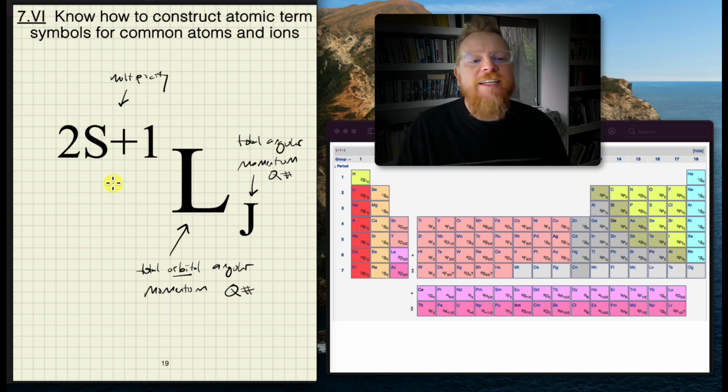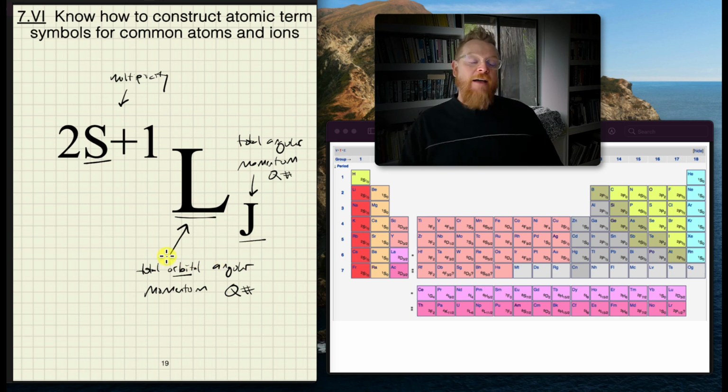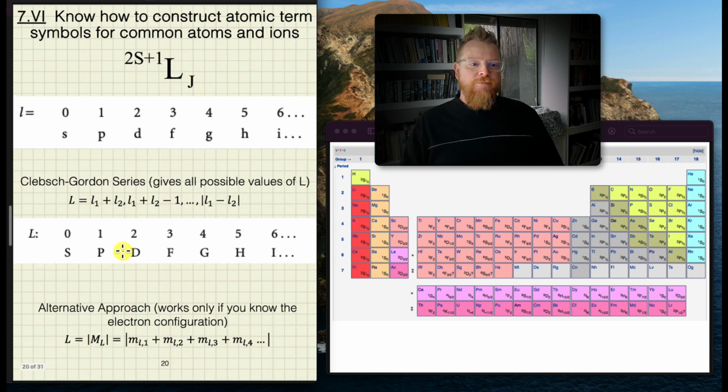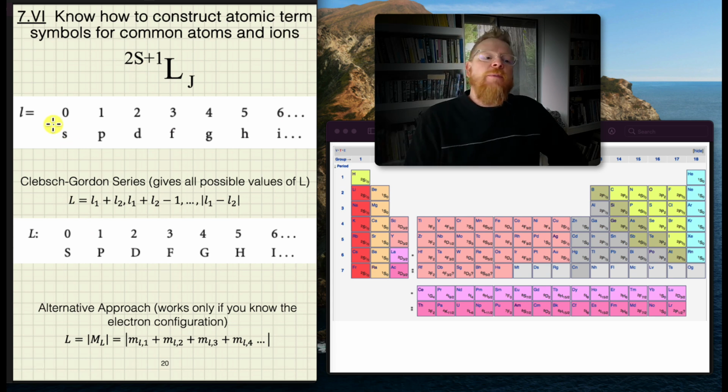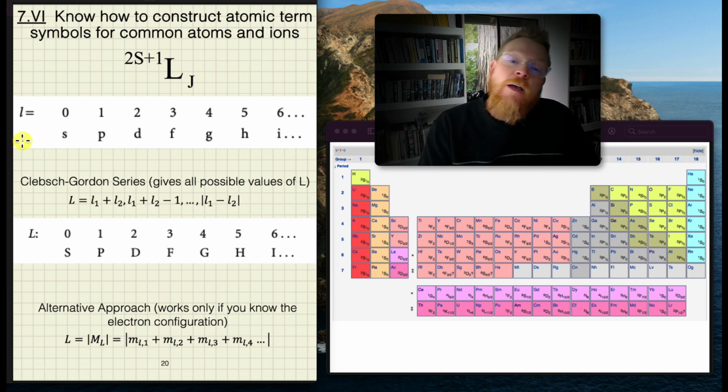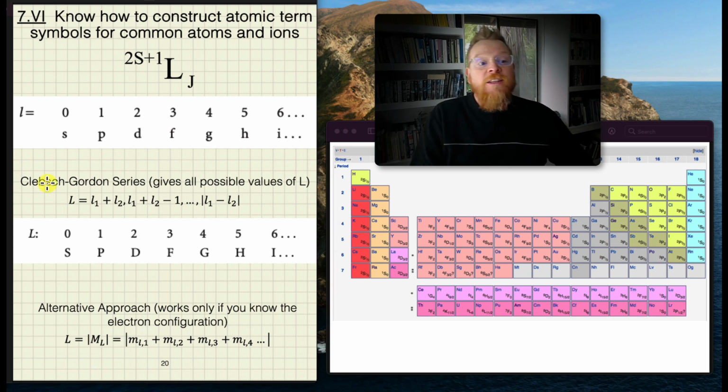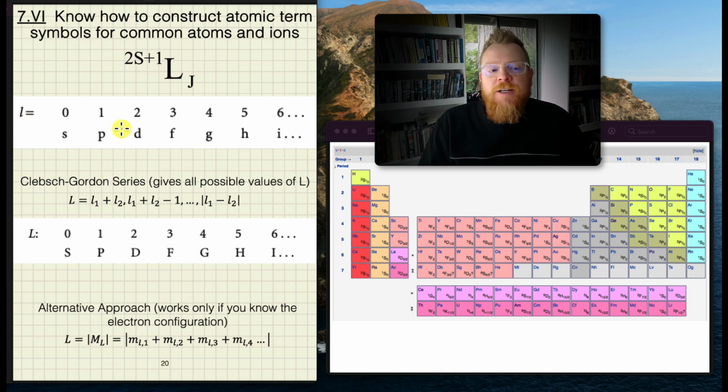As we'll see, each of these values, capital S, capital L, and capital J, has a set of rules. So let's go for it. We first remember that for our subshell designation for little l, we have to remember the s, p, d, f, g, et cetera, letters for their corresponding numbers 0, 1, 2, 3, and so forth.